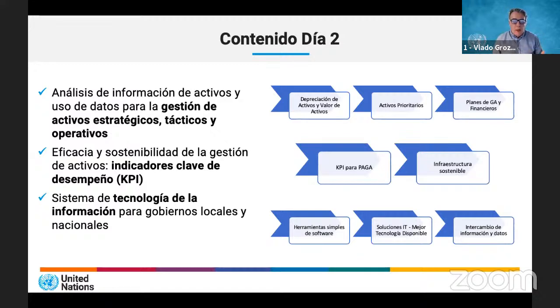The first one is analysis of asset information and utilizing data for strategic, tactical, and operational asset management. We're going to use many internet tools like Zoom polls, Mentimeter, Google Forms in breakout work sessions, and present simple Excel spreadsheet tools that could help you in your future asset management daily work.